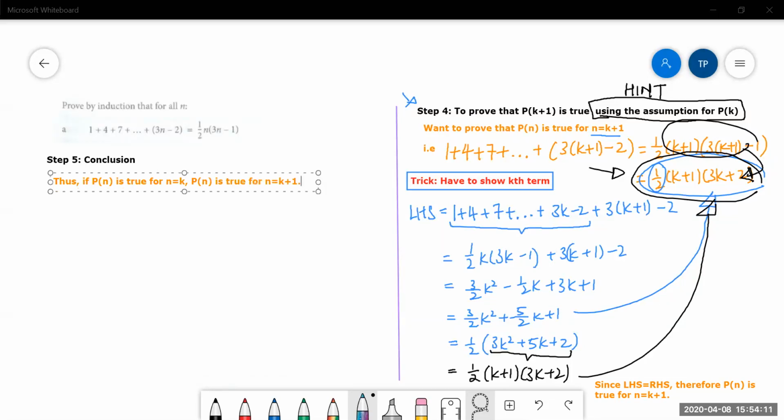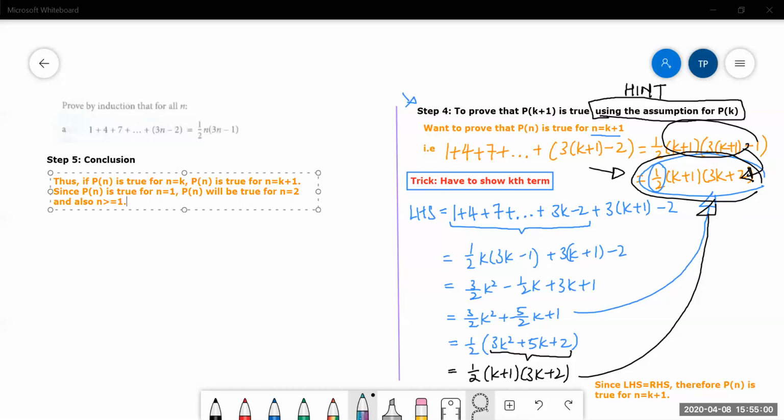So the next step is since P(n) is true for n equals to 1, because we proved in step 2, then with regards to the previous statement, P(n) will be true for n equals to 2 and also n greater or equal to 1.